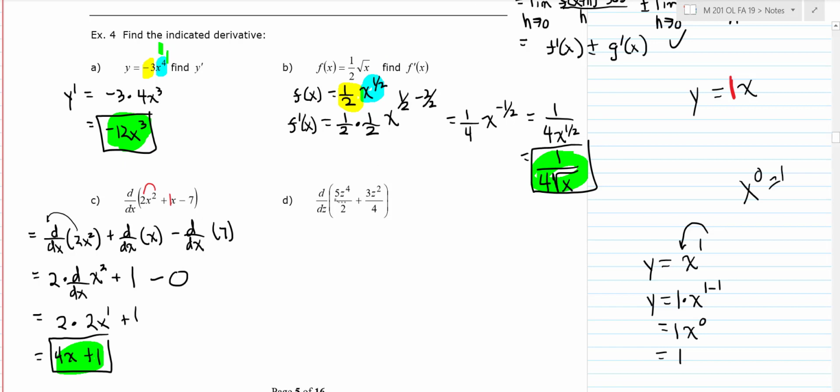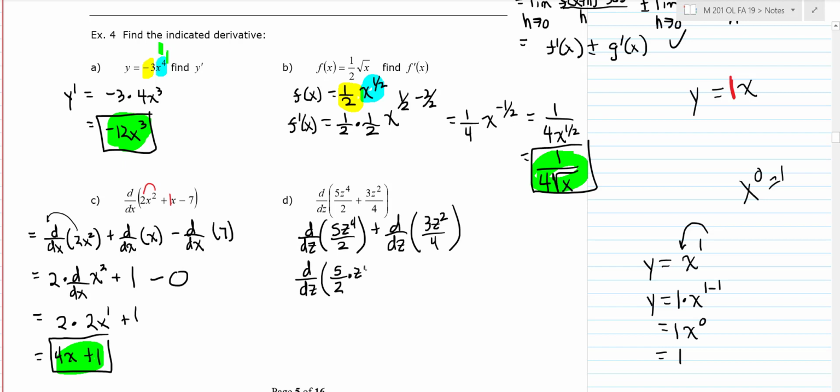Okay, next problem, we're doing a derivative with respect to the variable z. So again, we're going to do the derivative of the first function, 5z to the 4th over 2, plus the derivative of the second function, 3z to the 2nd over 4, like that. Now what you have is a constant. Sometimes students don't understand fractions real clearly, but this is really 5/2 times z to the 4th.